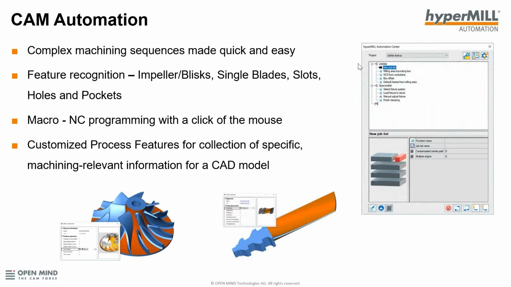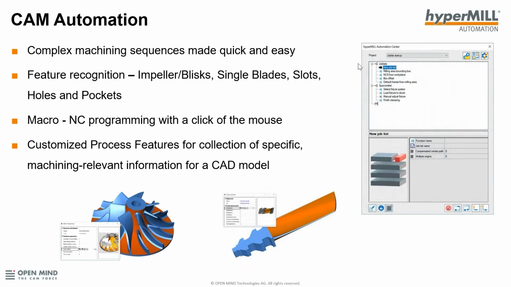We also have something called CPFs, customized process features, for a collection of specific machining events, relevant information from your CAD model. Like you can use various entities like colors, names, shapes, and so forth.